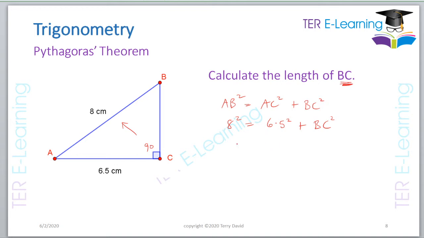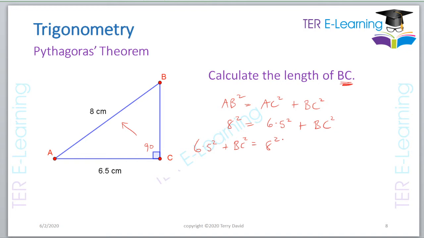Some students can manipulate this very easily, so I'm going to show you the easiest way to do this. You can write 6.5 squared plus BC squared is equal to 8 squared. You're not changing any sign as yet. Just look at it.